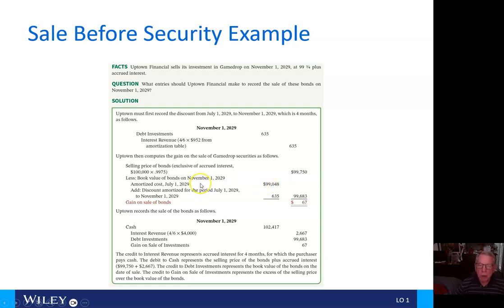But the book value of the bonds is $99,048 at July 1, and then we add that additional $635 here, and our book value then is $99,683 at November 1. And that means the difference between those two numbers is $67, which represents the gain on the sale of the bond.